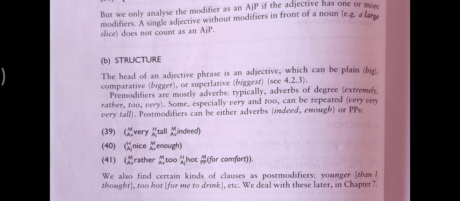This very tall is an adjective phrase modified by a pre-modifier and a post-modifier. So we have very as an adverb, as a modifier, tall as an adjective, it is the head.